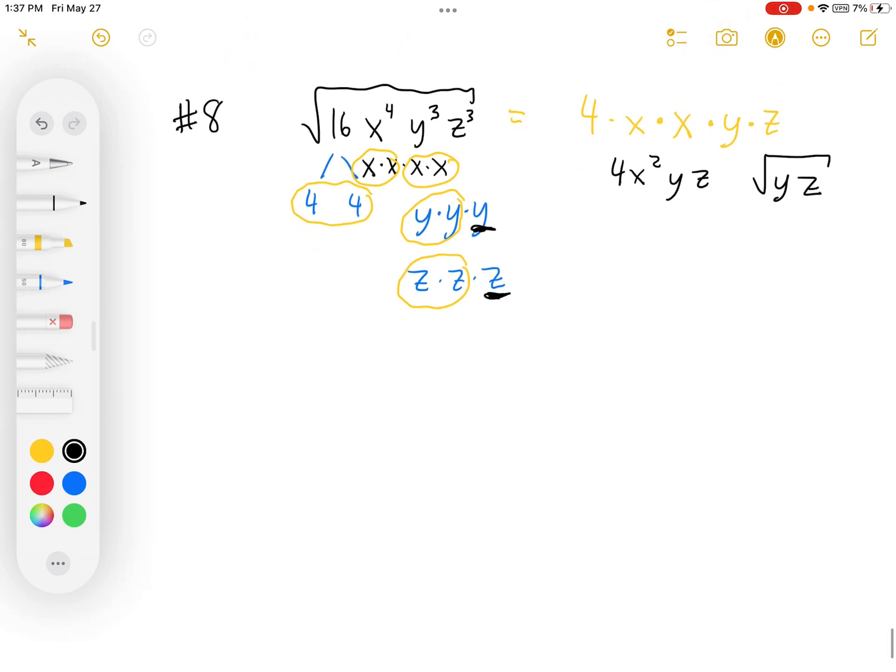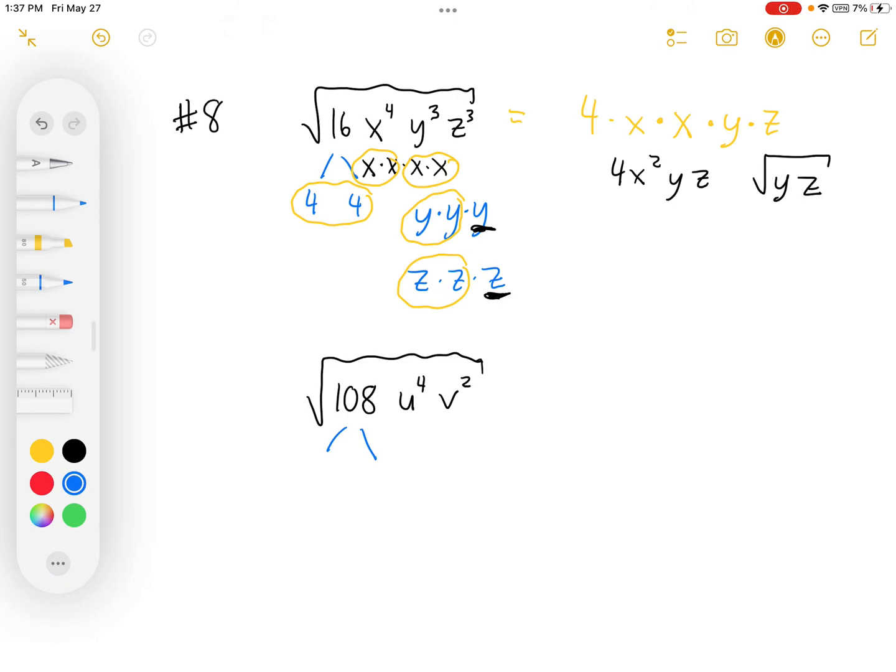Let's go ahead and do another example. Let's try 108 u to the fourth v squared. Let's go ahead and break down our number into as simple as we can. Now, I can't necessarily think of two numbers off the top of my head that multiply to 108, so let's break it down into smaller pieces.